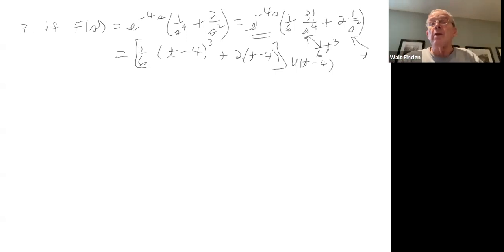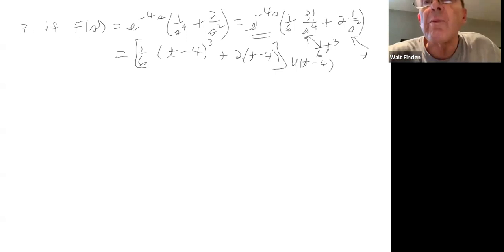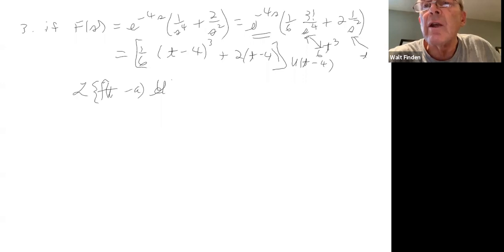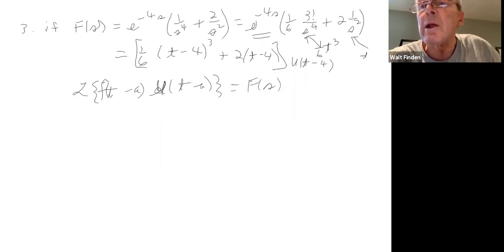Okay, that has used the formula that the Laplace transform of f of t minus a times u of t minus a is equal to capital F of s times e to the minus as.